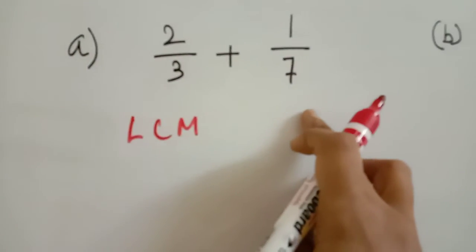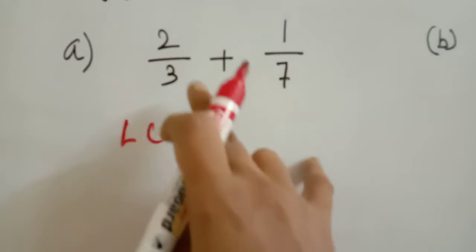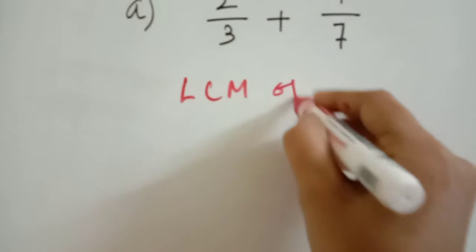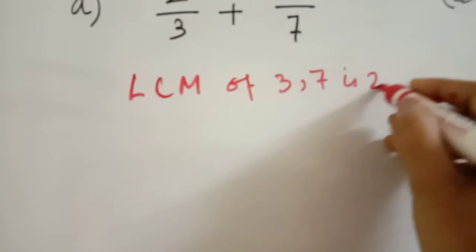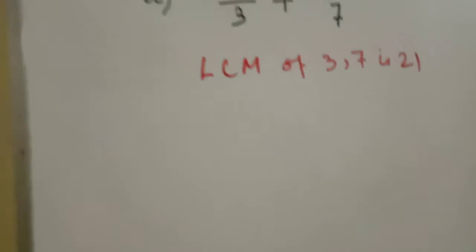When the denominators are different, the LCM of 3 and 7 is 21. You know the LCM, no?